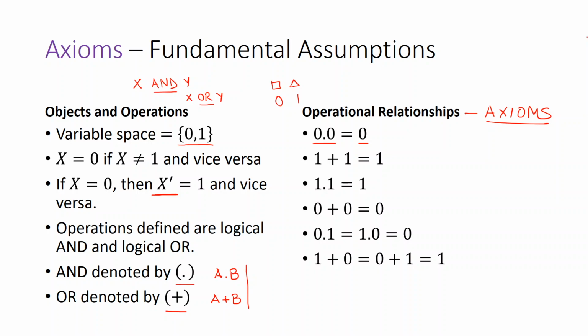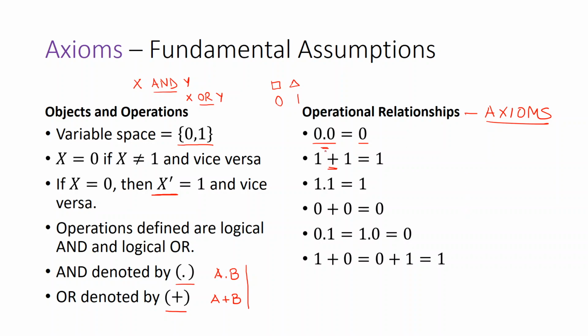Here also we have to understand what are the logical AND and logical OR operations. For that we have to define these relationships. So the definition goes in this way, that 0 and 0 would be 0, 1 or 1 would be 1. This is the definition of these logical AND and logical OR operators actually.